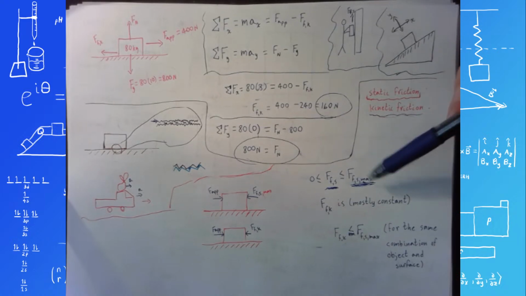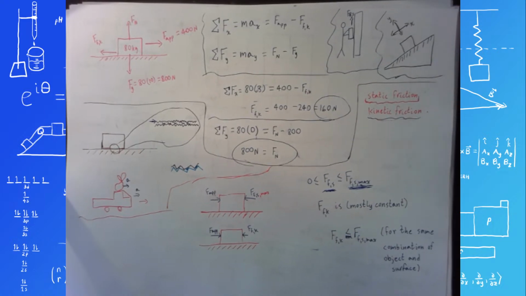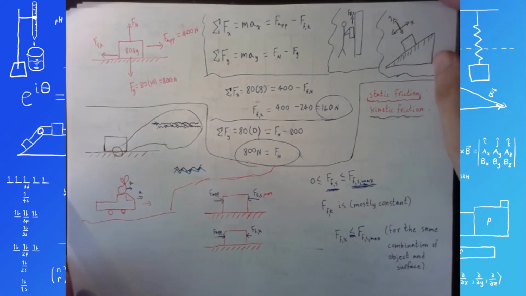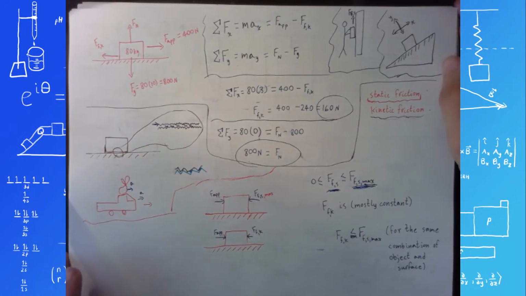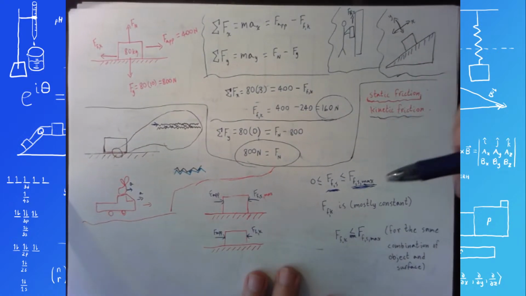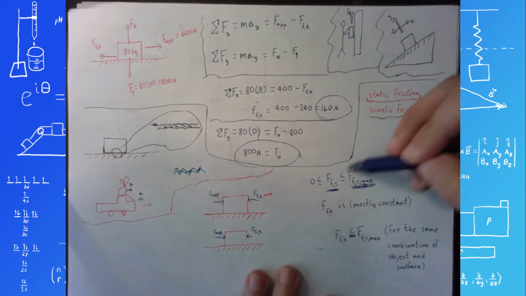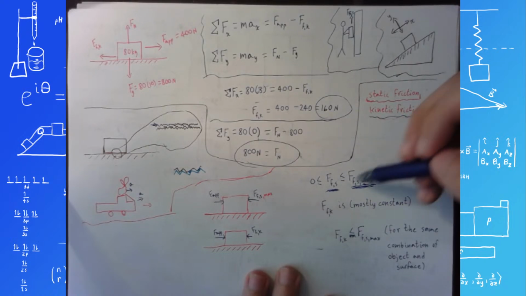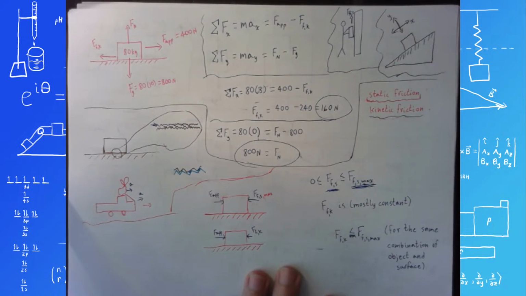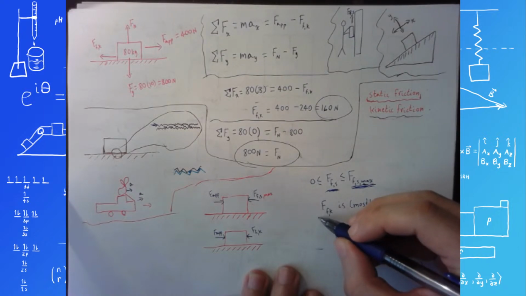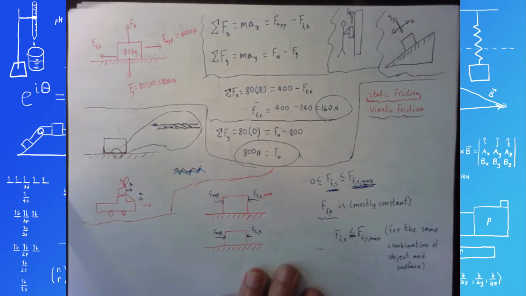So static friction will try to keep the relative velocity between an object and a surface equal to zero, up until, of course, it reaches its maximum. Once you max it out, once you're past its maximum value, well, then it's no longer possible to keep the relative velocity at zero, and that's when you immediately switch to kinetic friction.